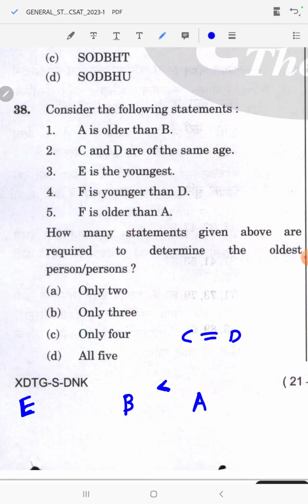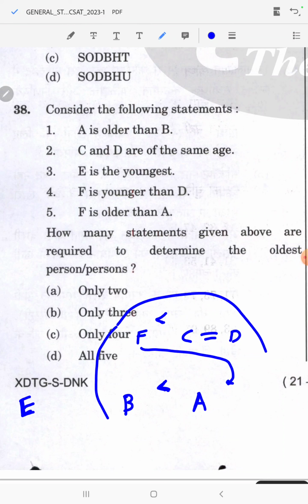Now here F is younger than D, so C is equal to D and F is younger than D, so I will write here towards the left. And F is older than A, so it will come here. So based on this relationship, we are able to establish that D is the oldest here.